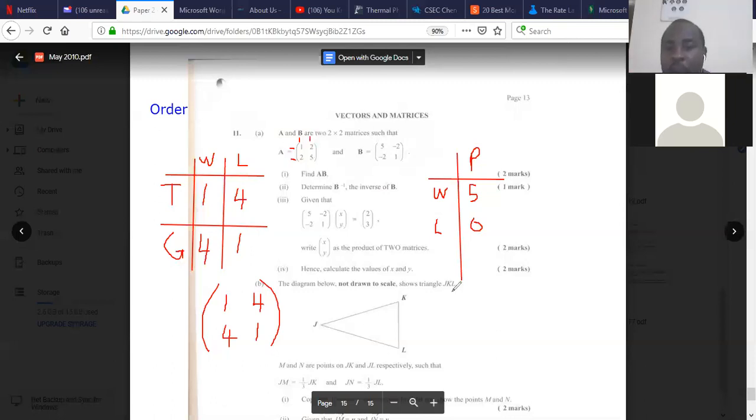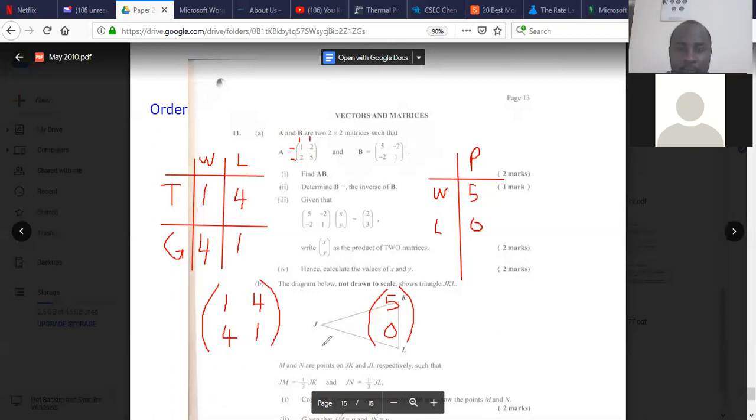So you realize that the data are distinctly organized by rows and columns. Now over here, we have another matrix with the amount of points. The amount of points here are 5 if you win and 0 if you lose. Now, if I ask you, how many points will Taki have and Geisel have at the end of all of these games?